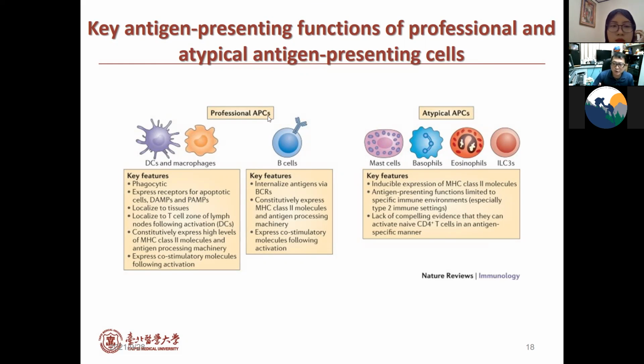It means they can present the antigen through their MHC receptor. Recently, mast cells, basophils, eosinophils and ILC3 have also been found to have this function, but they are not typical professional APCs, and their function is not that powerful compared to professional APCs.